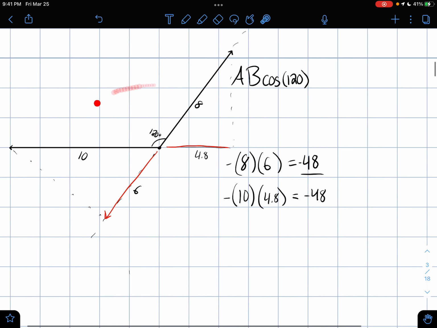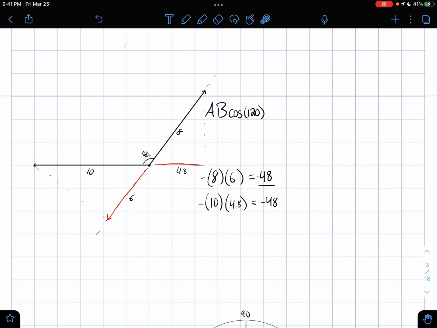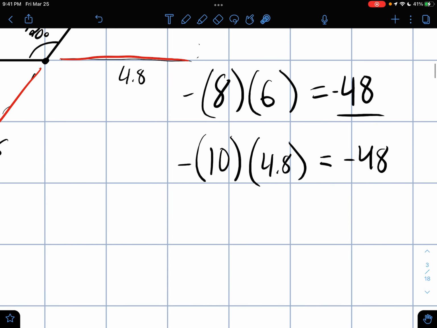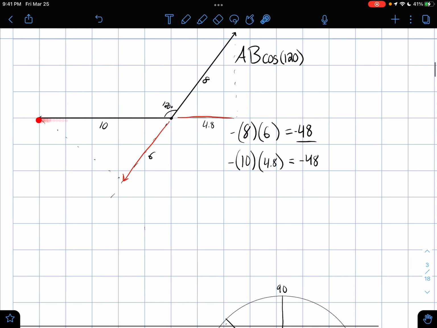Since I was tilting my axes all over the place, I didn't set a direction that was positive and a direction that was negative, but that would have accounted for the sign of my dot product on its own. Because if I say this is negative, 10's pointing negative, 4.8 isn't, that puts the negative in here. If I say 4.8 is negative, 10 is positive, that puts the negative in here, and they both give out a negative answer.